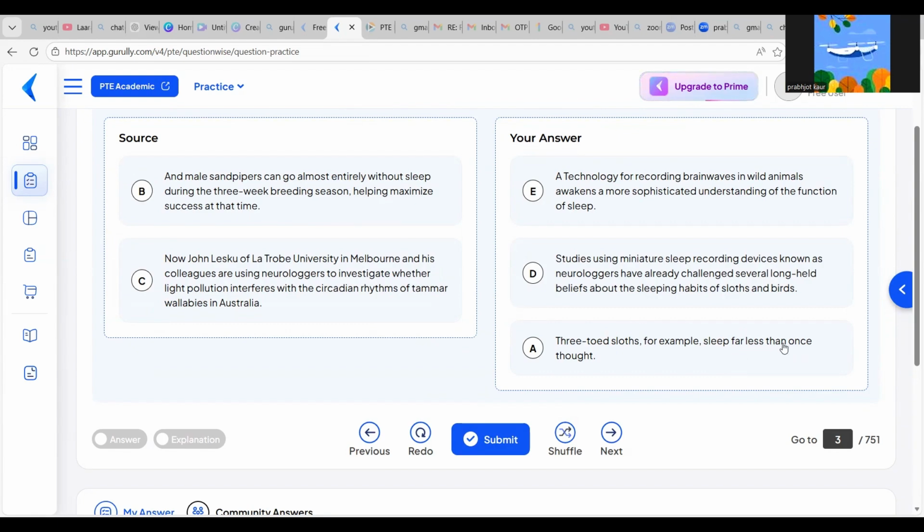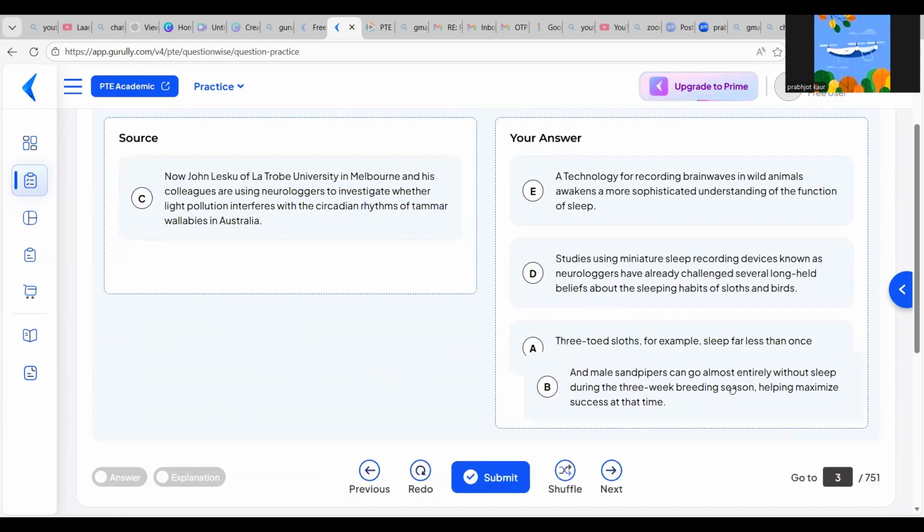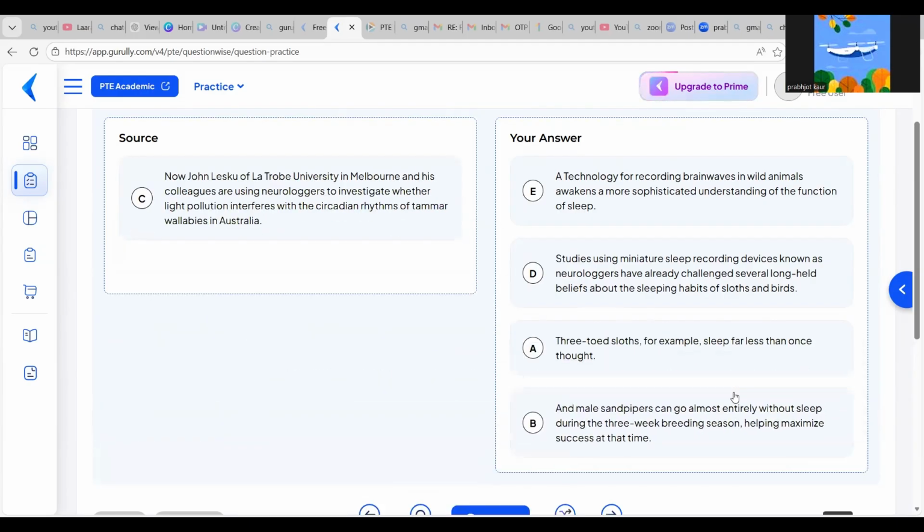So here is "sleep far less than once thought". And "3 week breeding season, helping maximize success at the time." So here it is about time, like once or for less than. Here is also talking about time. So we can do it here, and this is the last one.